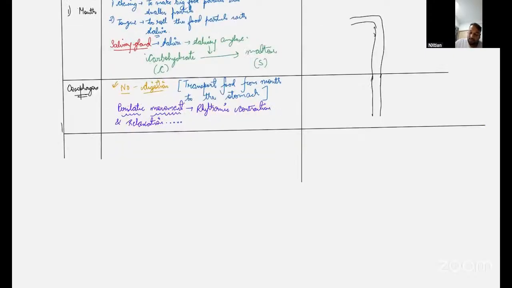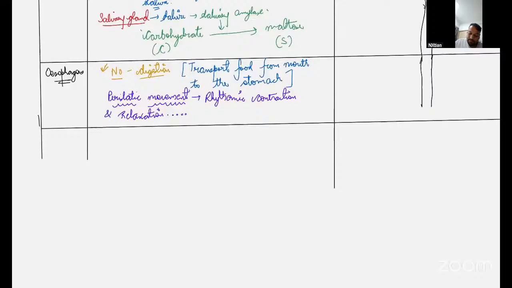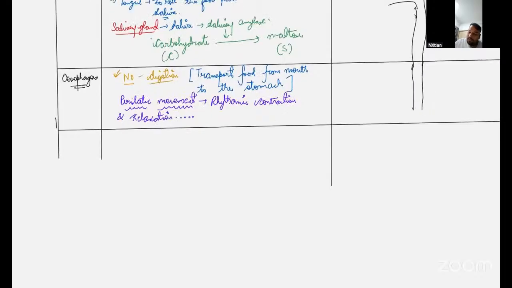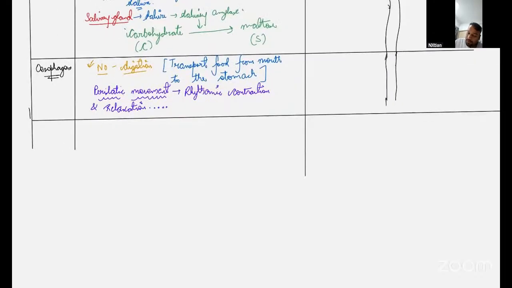Now we'll come to the stomach part. So stomach will look like this. Don't laugh. I'm very bad with diagrams. This is stomach.